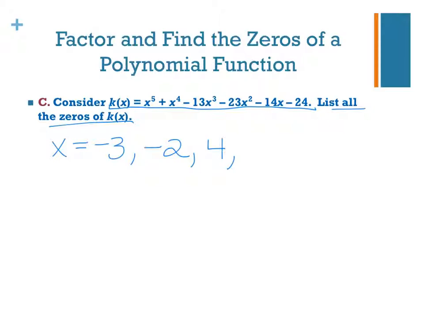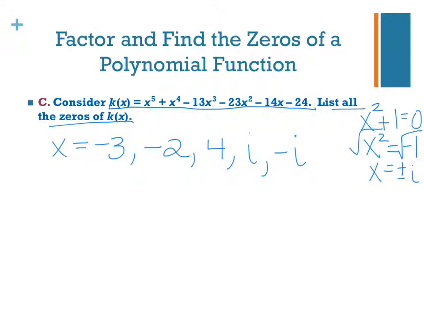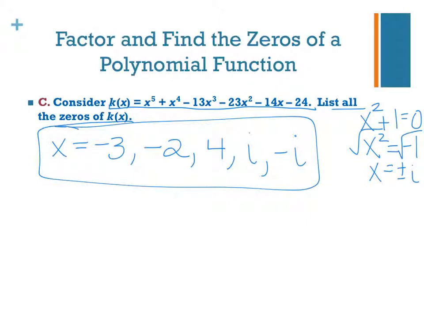The 2 missing ones that we didn't see on the graph were found by taking x squared plus 1 equal to 0 and solving for x, which gives plus or minus i when we square root both sides. So the other 2 zeros are positive i and negative i, and we have our 5 zeros for the polynomial function. I knew there should be 5 zeros because the degree of our polynomial is 5.